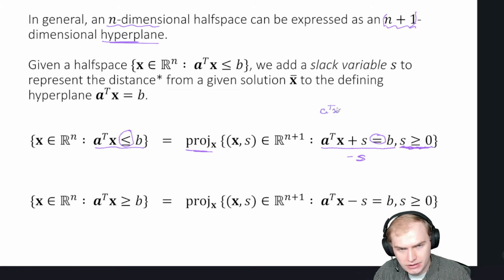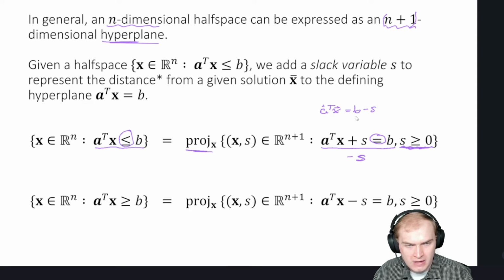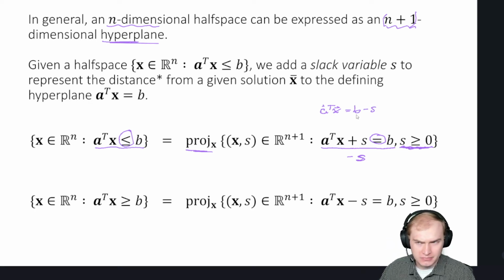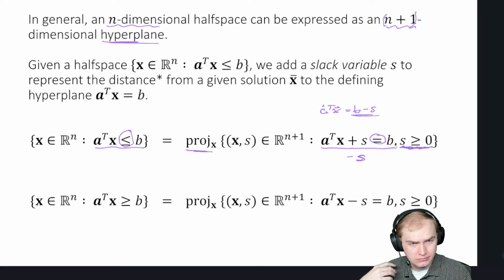A transpose X equals B minus S. Since S is non-negative, all we can do is effectively decrease our right-hand side value. It can't get any bigger than b, but it can get as small as we want it.